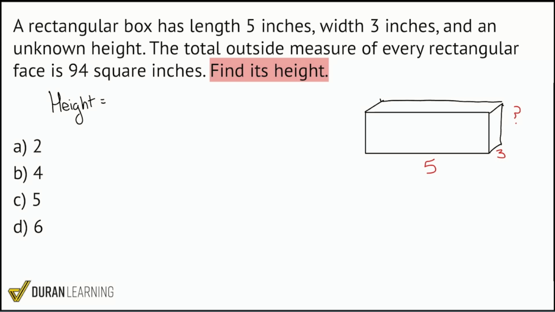The two hints that I just gave you were every rectangular face, so the total outside measure of every face, and then you have square inches being given to you. Yeah, all day, that's gonna be surface area. So for those of us that were confused on whether this was volume or surface area, does the green highlighting here help you out? Does that make a little more sense for you personally?